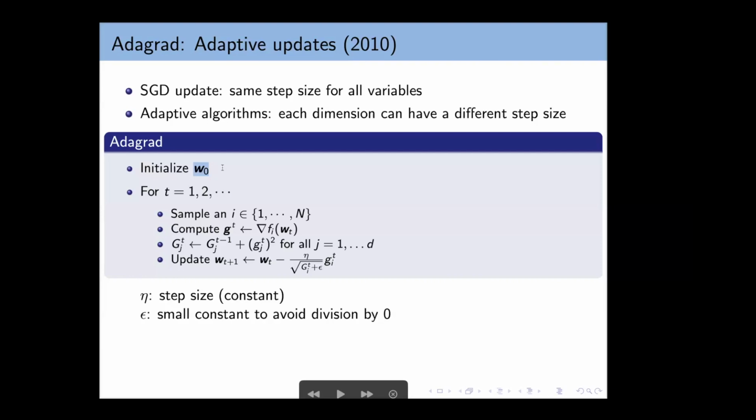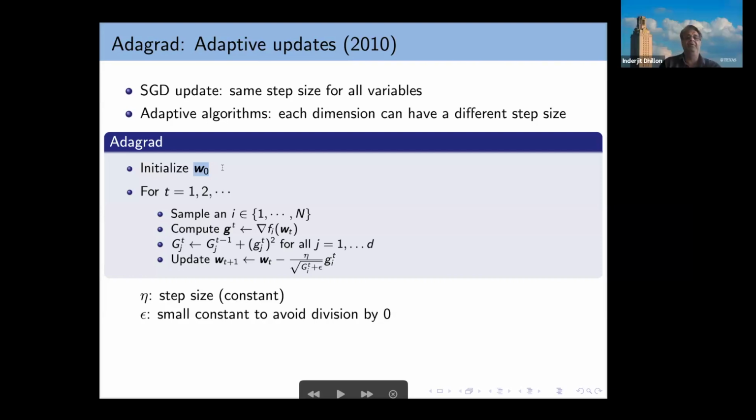And even in classical optimization theory, they will say that instead of using the Hessian, one thing you could use is a diagonal approximation to the Hessian. In which case, the update becomes W_t+1 equals W_t minus diagonal times the gradient. And then the question is what diagonal you should use.